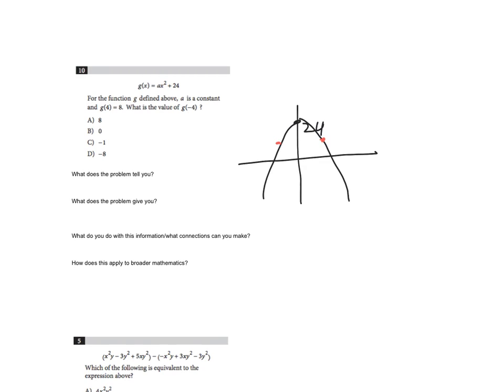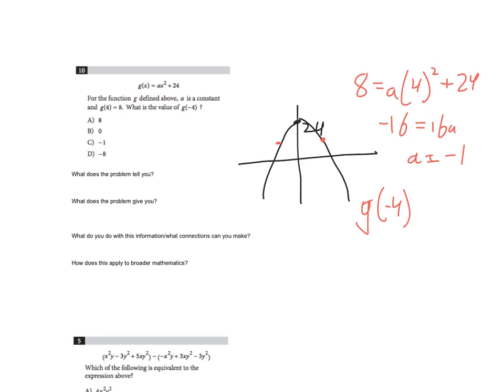So g of, well, we don't want the g. We want 8 equals a times 4 squared plus 24. So that's negative 16 equals 16a. So a equals negative 1. And then if we evaluate that, g of negative 4 equals negative 1 times negative 4 squared plus 24.